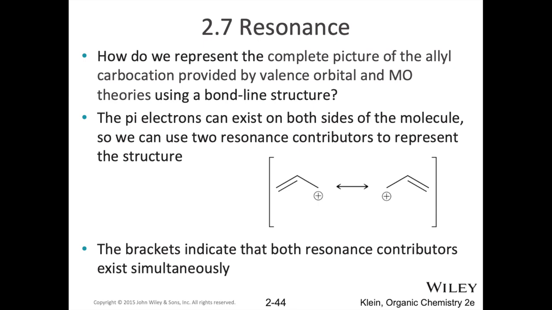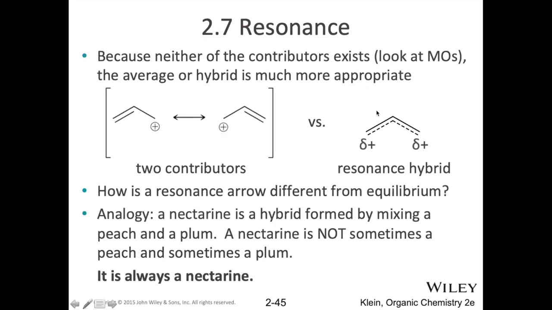Okay, so that's why they're called contributors. They sort of give some of the character of the molecule. If you combine them together, you get a better picture of what the molecule actually looks like in real life. Okay, so you might sometimes see this resonance structure drawn as what's called a hybrid.